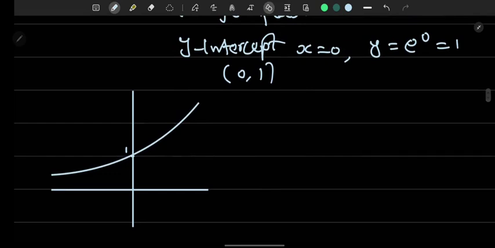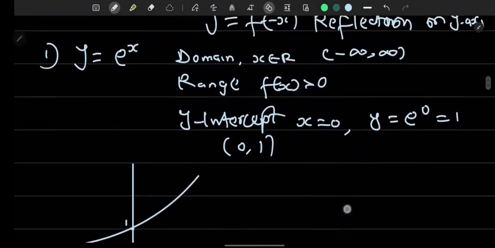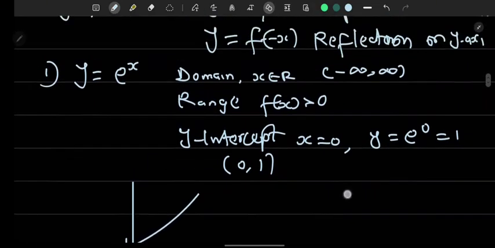One amazing thing about this function is that the x-axis is an asymptote, so this curve approaches the x-axis. When you continue sketching this curve, it approaches the x-axis, but it never touches the x-axis. That's the meaning.